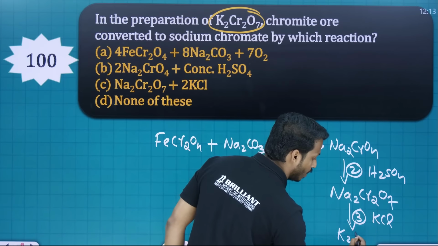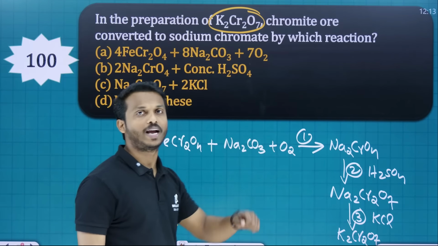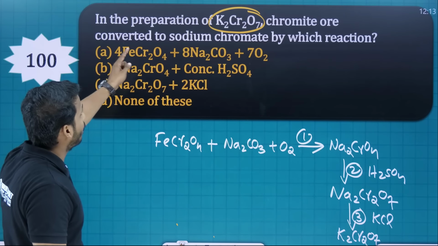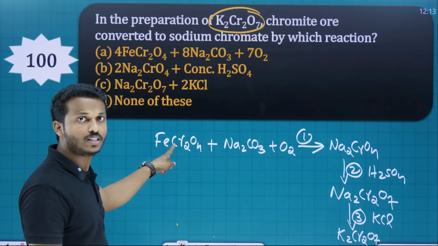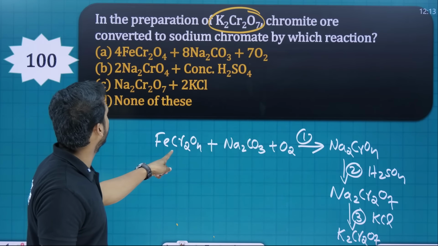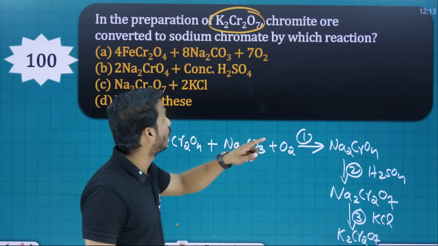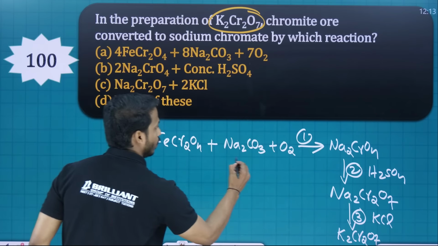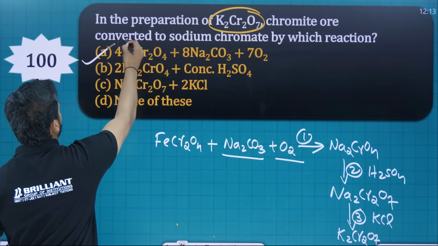So potassium comes, you will get K2Cr2O7. Sodium dichromate becomes potassium dichromate. So question, in the preparation of K2Cr2O7, chromite ore converted to sodium chromate by treating with what? Na2CO3 and oxygen. That is option A.